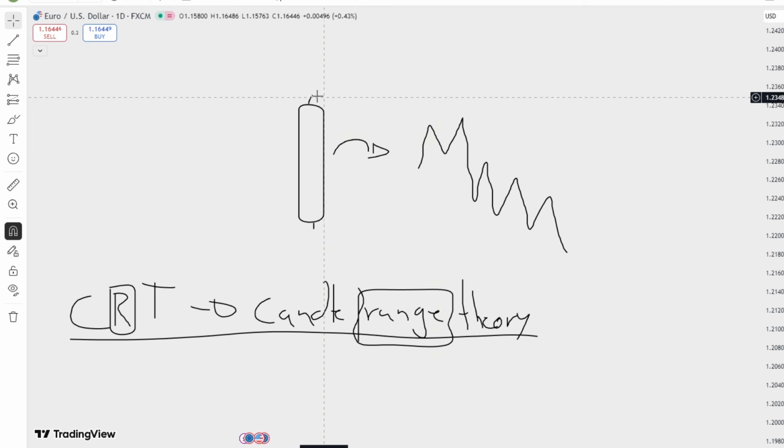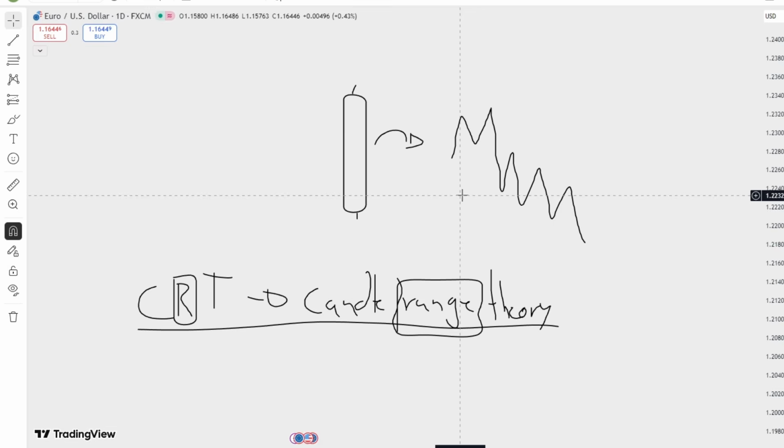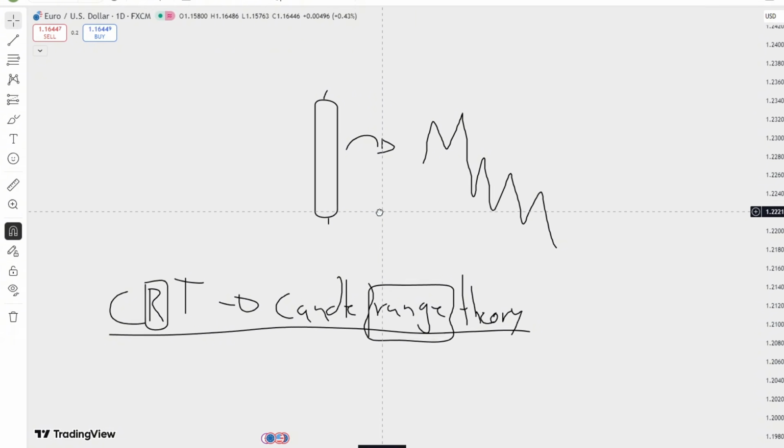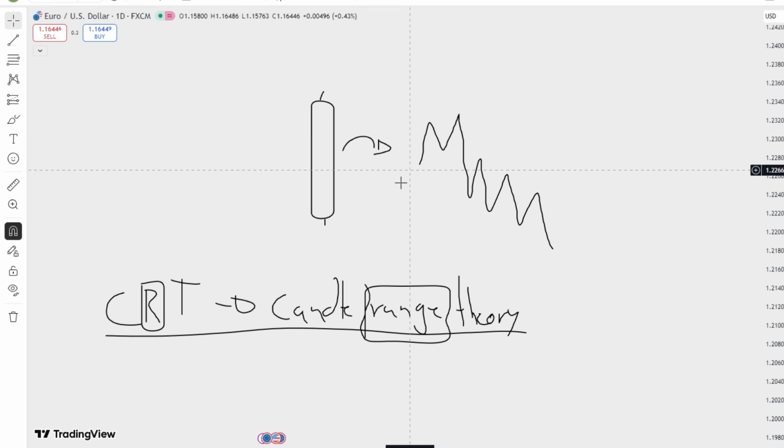So every candle has a range inside. This is basically all CRT is about: ranges inside of the candles.